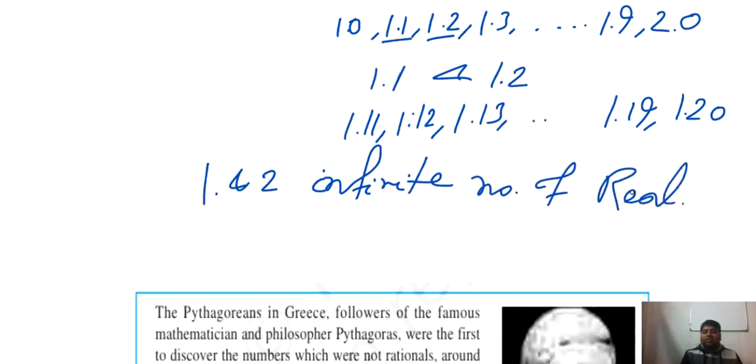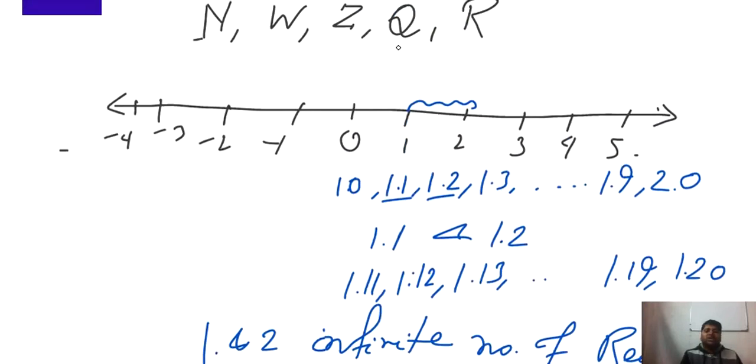But these real numbers are not only rational numbers or integers or whole numbers. Here 1 and 2 are natural numbers, whole numbers and integers, but 1.1, 1.2, 1.3, 1.9 are not integers or whole numbers or natural numbers.